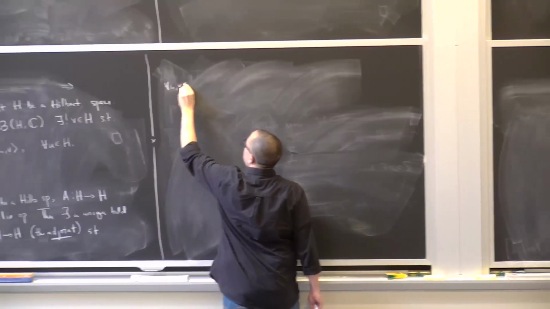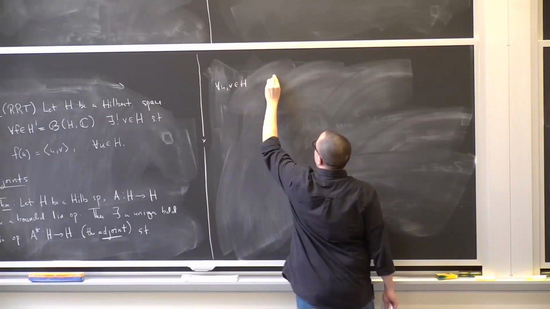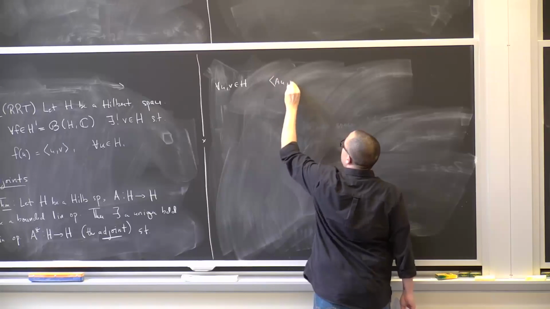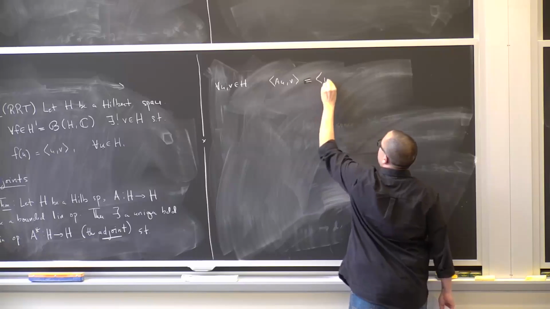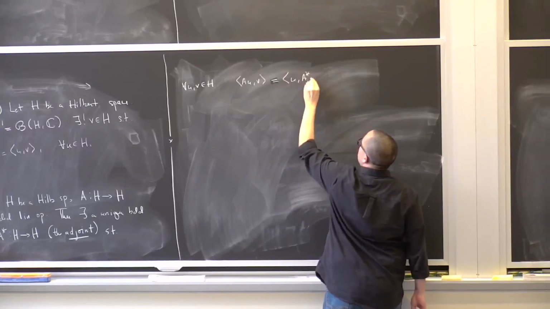For all u, v in H, A u inner product v is equal to u inner product A star v.